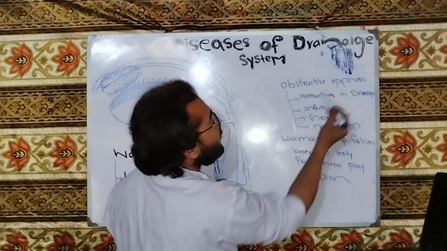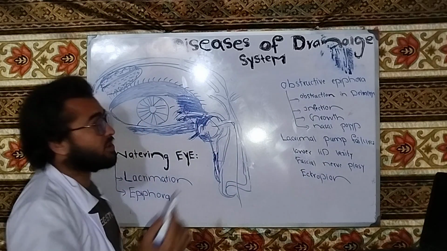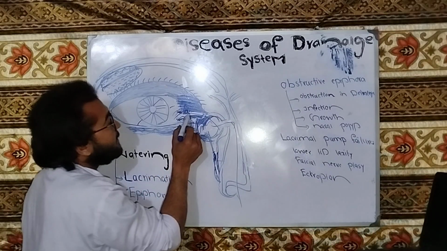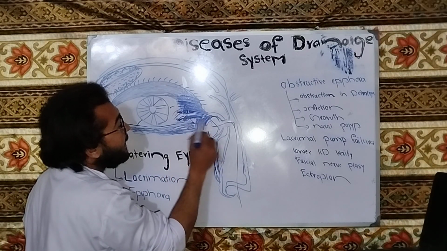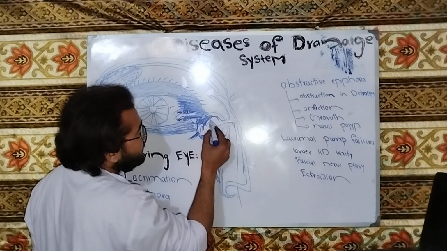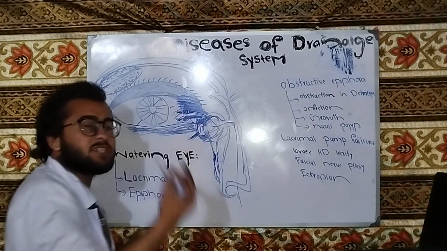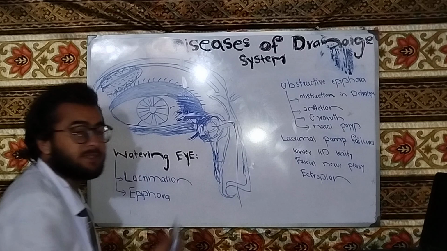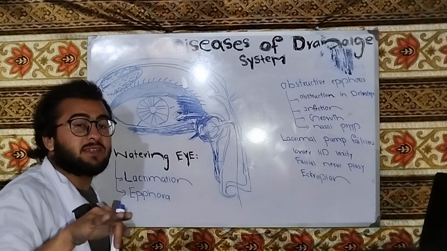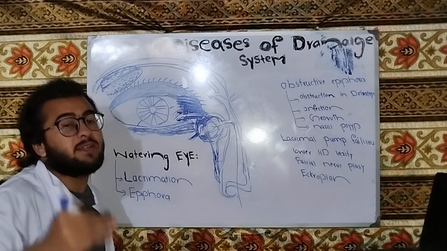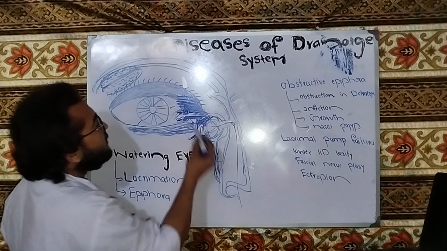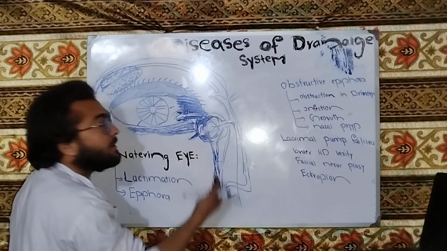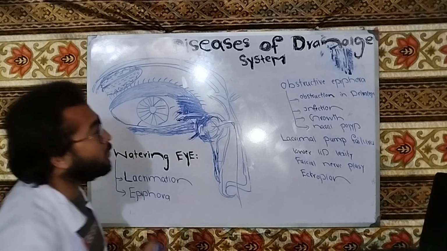In obstructive epiphora, for example, if there is obstruction in the punctum, obstruction in the canaliculi, okay. If there is obstruction in the sac, if there is infection in the sac, if there is obstruction in the nasolacrimal duct, as we discussed in the congenital and acquired nasolacrimal duct obstruction, these all can cause epiphora. If there is infection anywhere in the drainage system, it can cause epiphora.